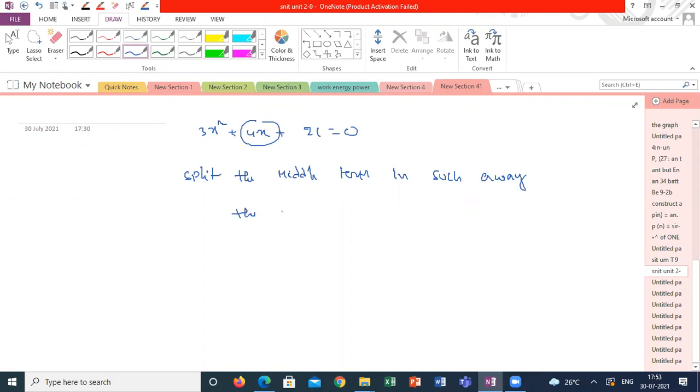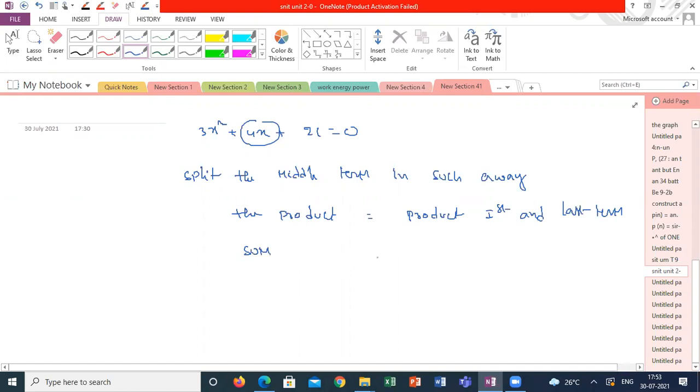that the product of the split terms should be equal to the product of the first and last term. The sum should be the middle term.